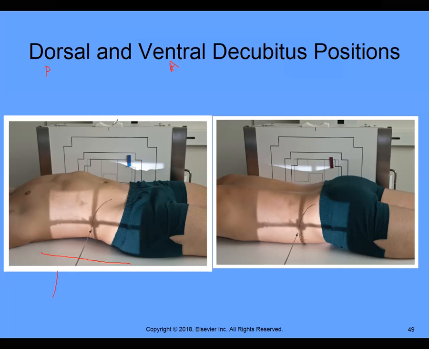It's not coming from the top, right? We're used to seeing the X-ray tube up here shooting X-rays down here. That's not what we're doing with decubitus. In decubitus, the X-ray is coming in from the side and we're shooting this way. That's what makes a decubitus, a horizontal beam.